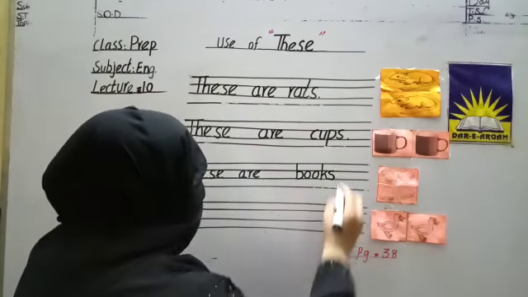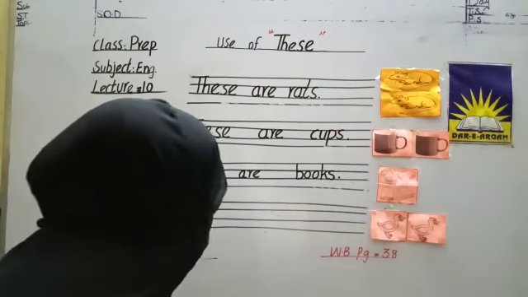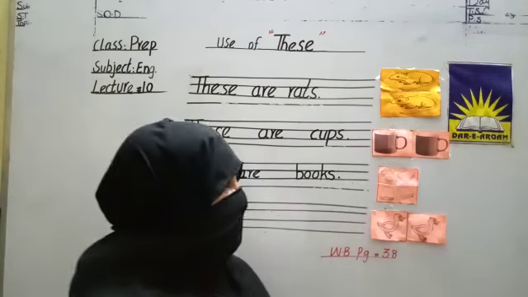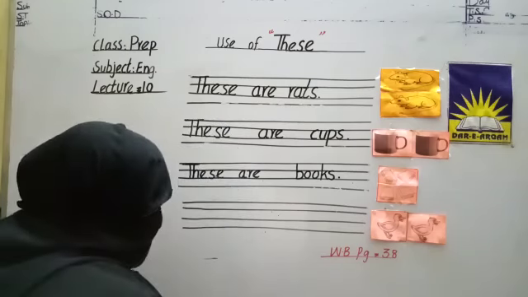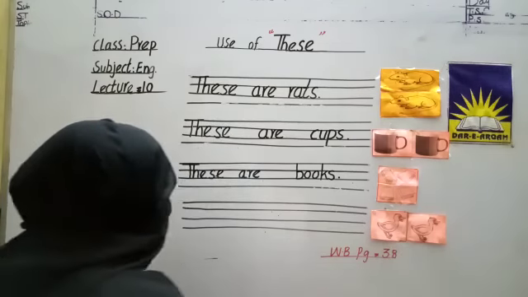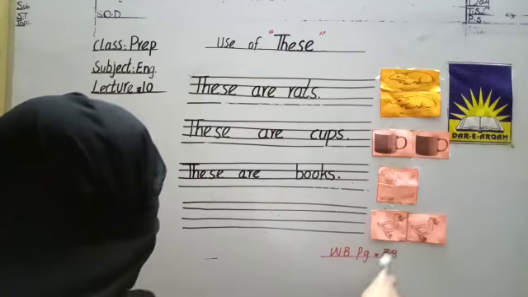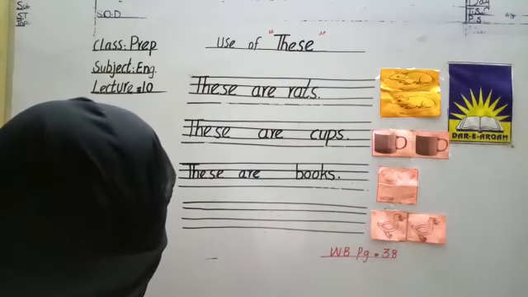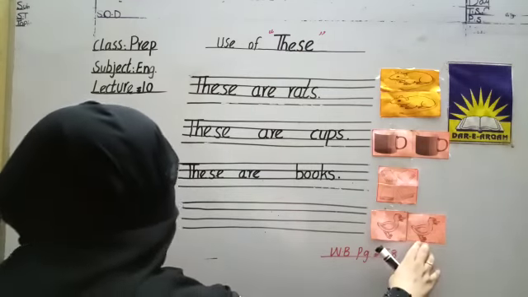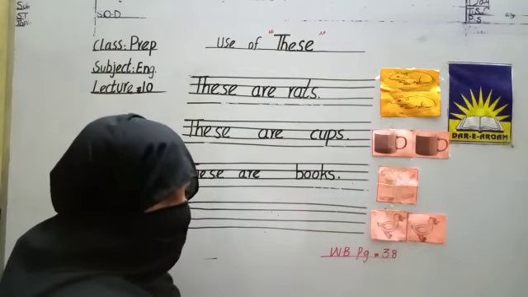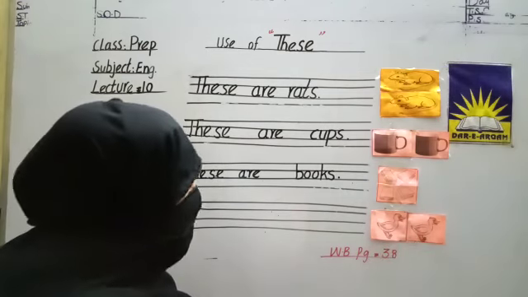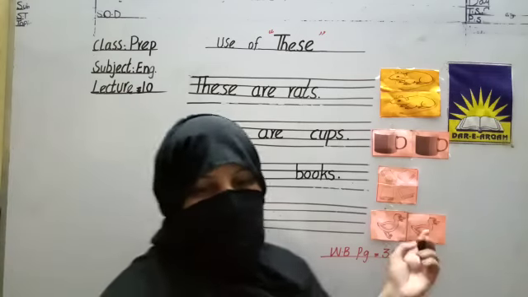And we now mark a full stop at the end. How many ducks are there? Yes, 1, 2. 2 ducks. These are plural objects. Clear, students? So we use the word these for these objects.